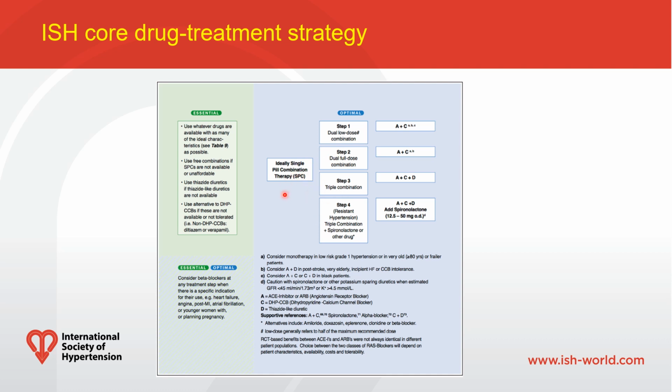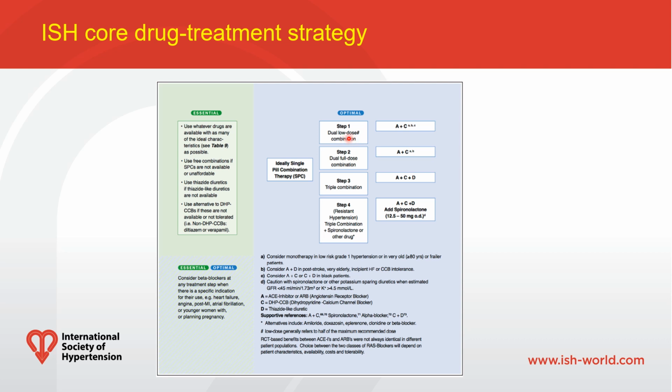Well, under the optimals, the ideal thing would be to have a single pill combination therapy. With that, you can have two drugs at low dose combined together. You can combine the angiotensin converting enzyme inhibitors with a calcium channel blocker.